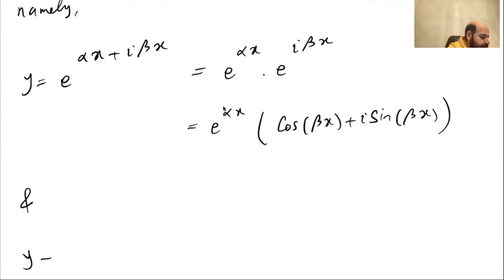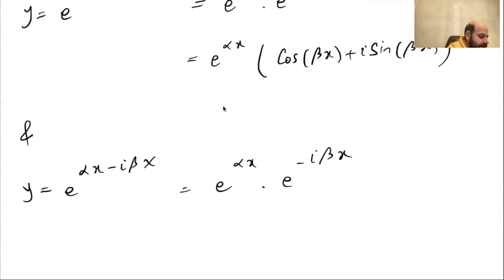And the other solution, e to power alpha x minus i beta x, I can write as e to power alpha x times e to power minus i beta x, which is e to power alpha x times cos beta x minus i sine beta x.